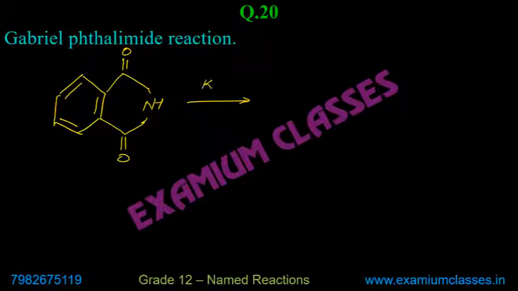First step is you get it reacted with an alkali, KOH, to get potassium phthalimide. So first step was phthalimide to potassium phthalimide.